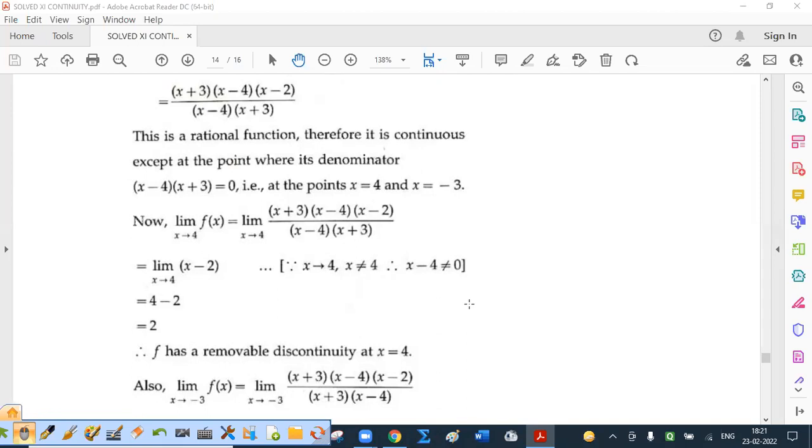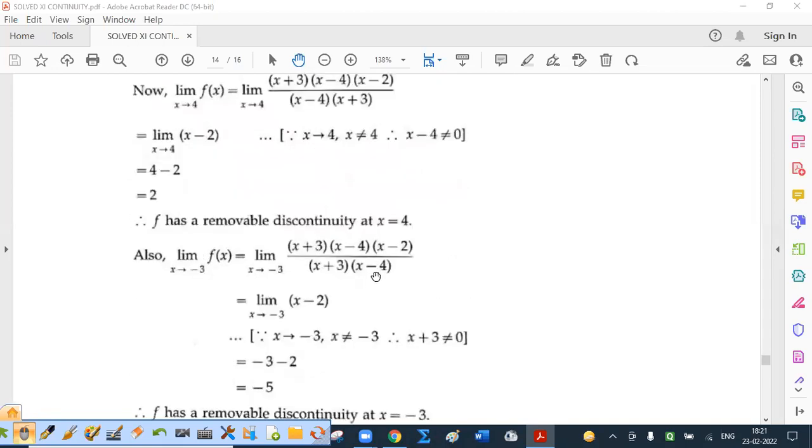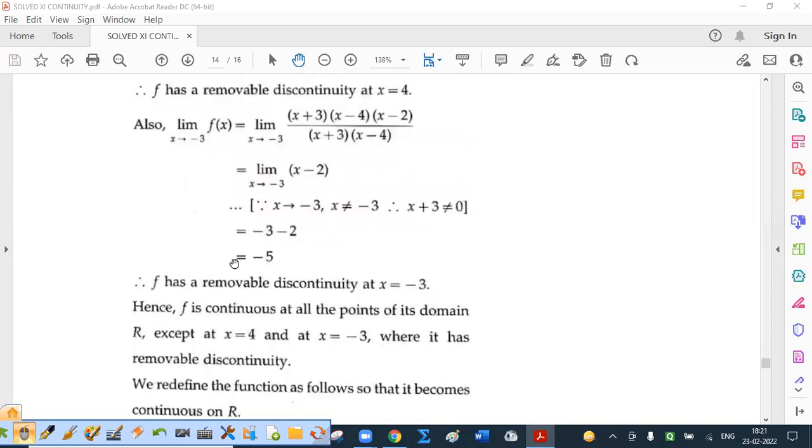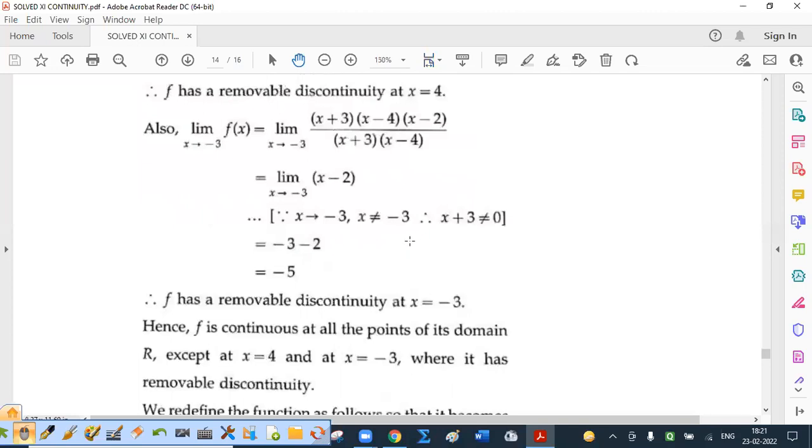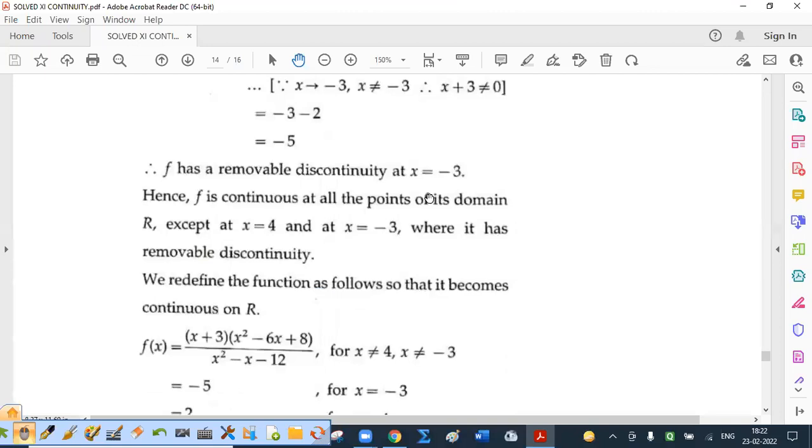What is the limit as x tends to minus 3 of f of x? Evaluate that limit. It is minus 5. The limit exists. So f has a removable discontinuity at x equal to minus 3. Hence, f is continuous at all points of its domain, which is the set of real numbers, except at 4 and minus 3, where it has removable discontinuity.